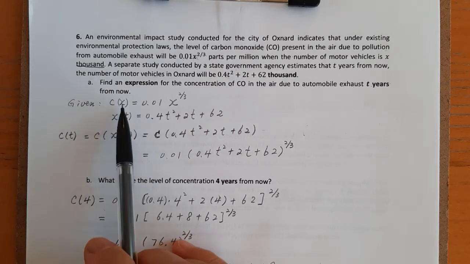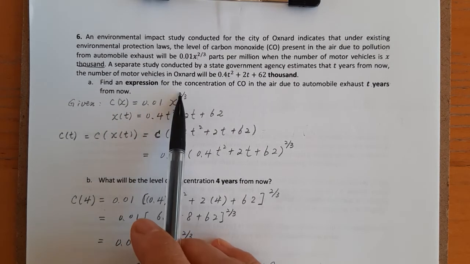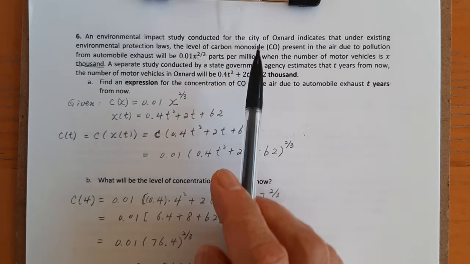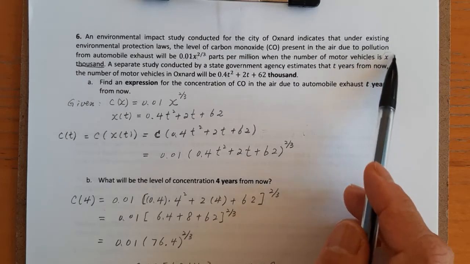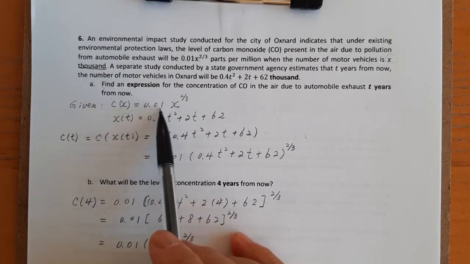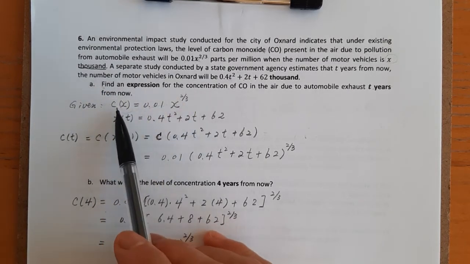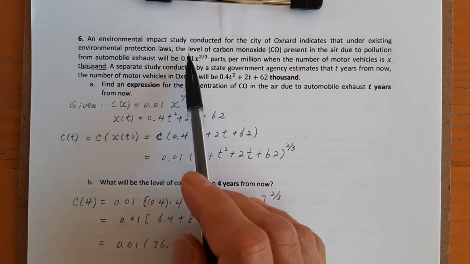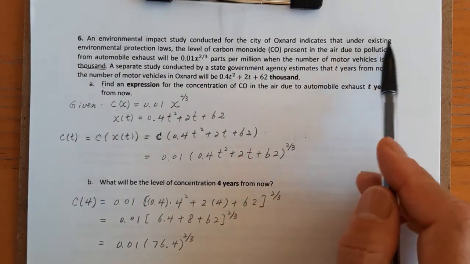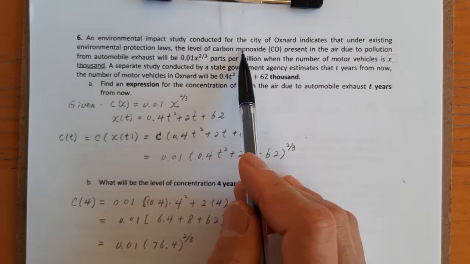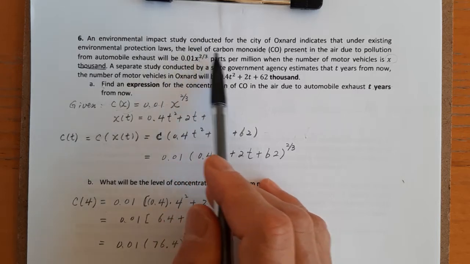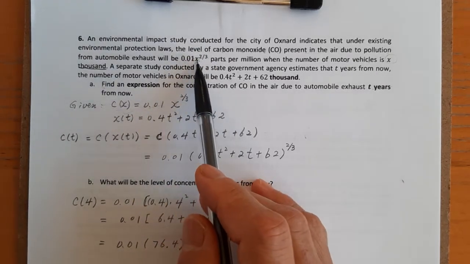The function is 0.01 x to the power 2/3 parts per million when motor vehicles are x thousand. Under existing environmental protection, the level of CO, which is a concentration, is in terms of x.